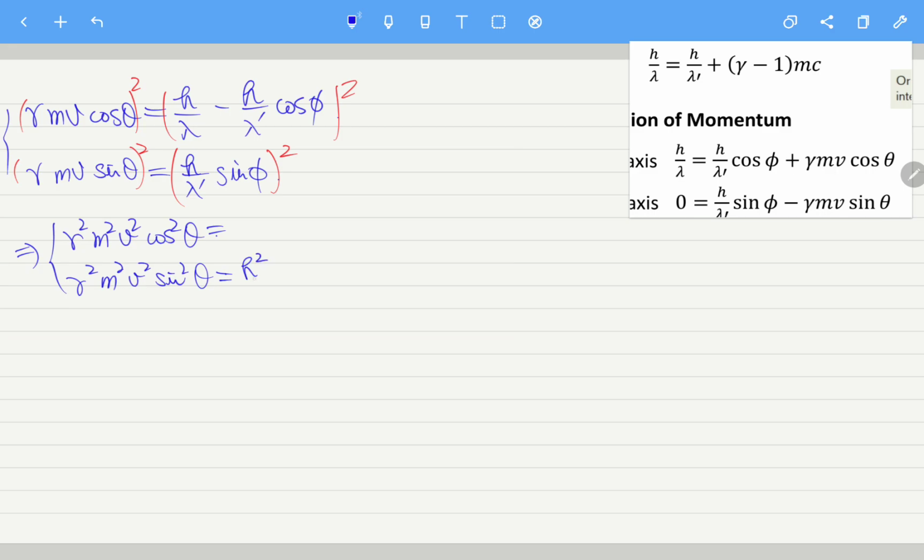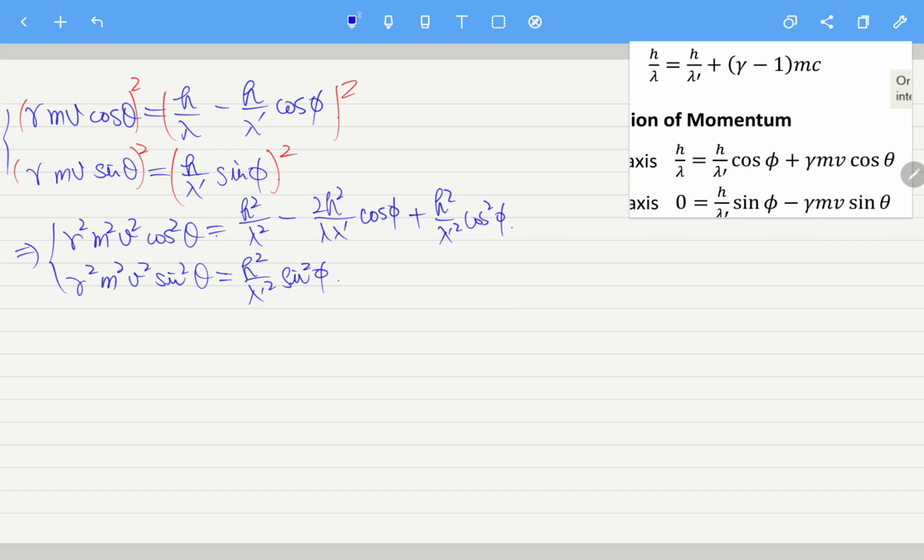It is h square over lambda prime square sine square of phi. This first one is a little bit more complicated, but still (a minus b) square is a square minus 2ab plus b square. So it is nothing but h square over lambda square minus 2h square over lambda lambda prime cosine of phi, so that's 2ab, and then plus h square over lambda prime square cosine square of phi.